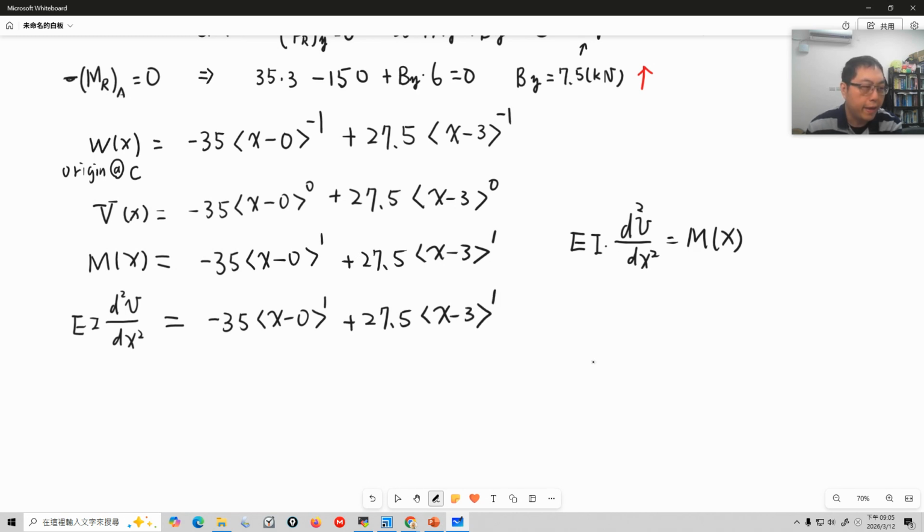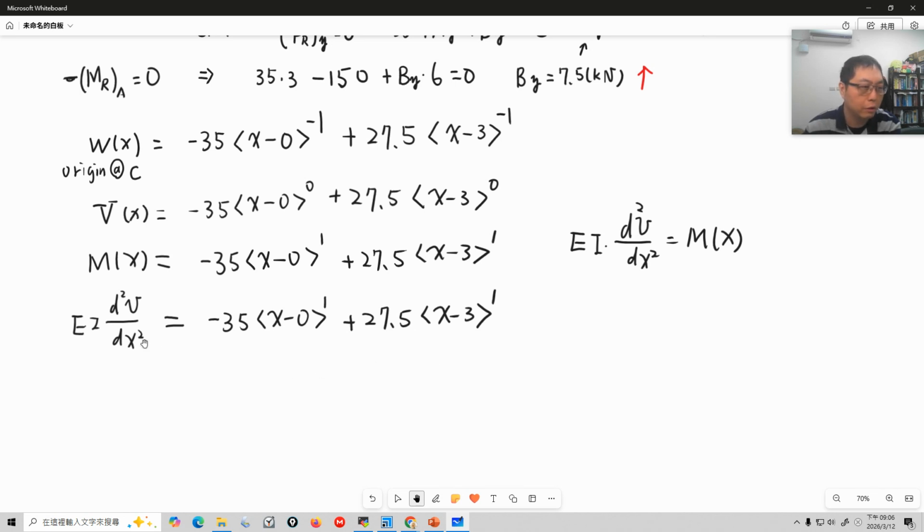And then you have to integrate the whole differential equation twice to solve the elastic curve, v. Integrate the equation twice, with integration on both sides.